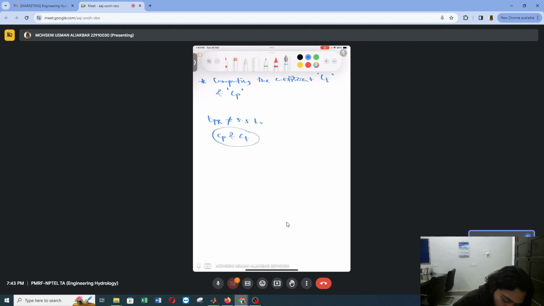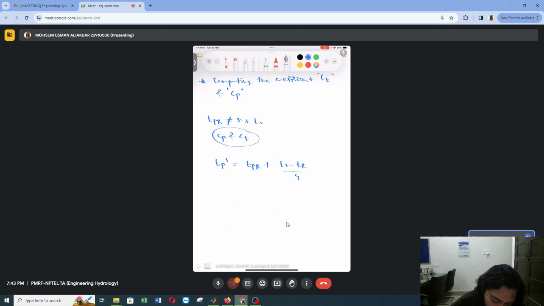In that case we can calculate the time lag using this equation, and the time to peak using this equation, Tp dash, right? Now we are going to solve equations 1 and 4 simultaneously and compute TR and TP.